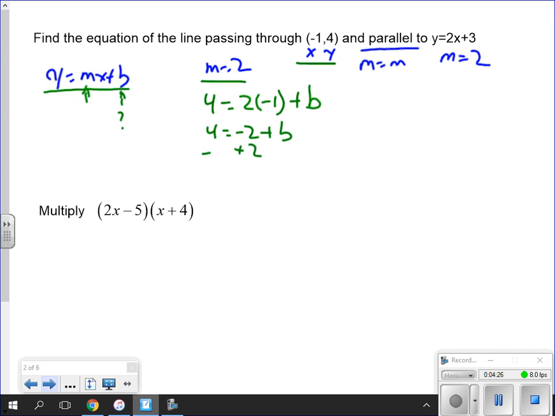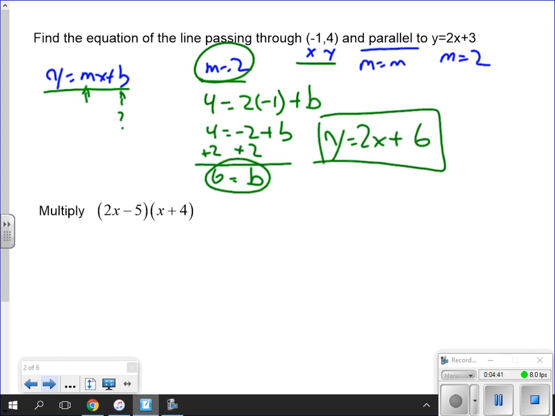Add 2 to both sides. 6 equals b. So now I have my b, I have my m, my new equation, y equals 2x plus 6. Okay. Next problem.